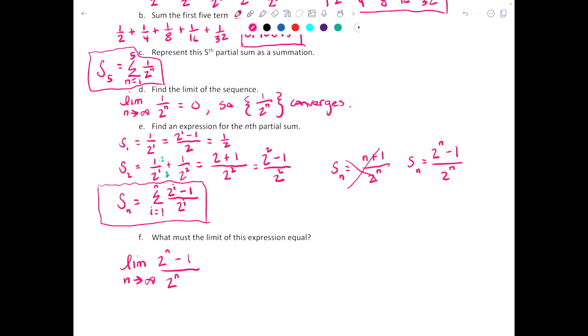Now, if I rewrite this as the limit as n approaches infinity of dividing both terms through by 2 to the n, I would get 1 minus 1 over 2 to the n, and that in turn is 1 minus 0, which is 1. Cool, cool?